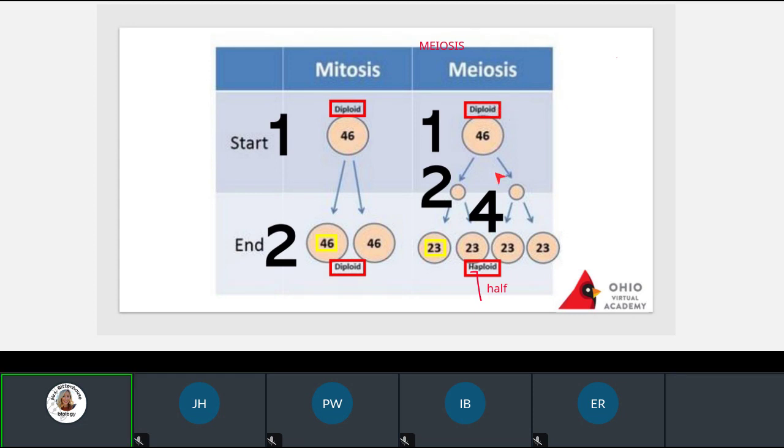What if we contributed 46 chromosomes to our offspring and our partner also contributed 46 chromosomes to our offspring? What do you think would happen?